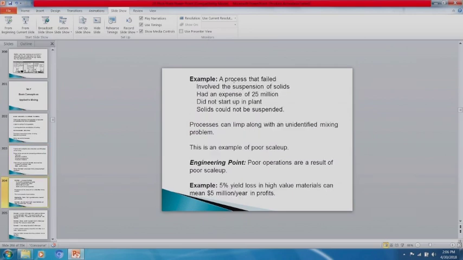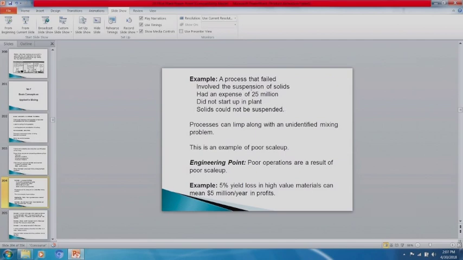This is an example of a very large chemical company. They built a plant. I'd tell you the name, but maybe I'd get in trouble. Anyway, they built a very large plant. It cost them $25 million. They couldn't start up the plant because the solids could not be suspended off the tank bottom.